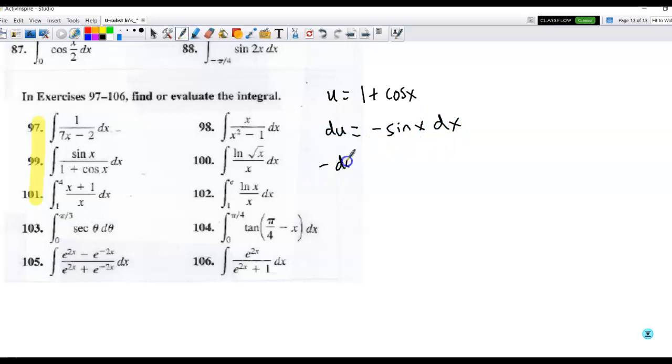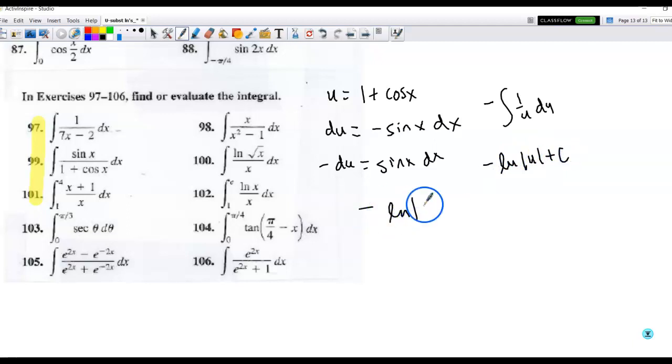I don't need that negative, so I'm going to get it out of the way. I'm going to do my rewrite of minus 1 over u, and we're back to ln, so minus ln, absolute value of u plus c. Make the replacement, negative ln, absolute value of 1 plus cosine x, plus c.